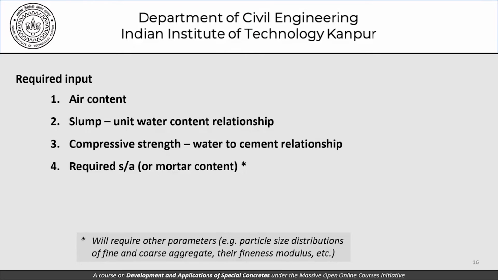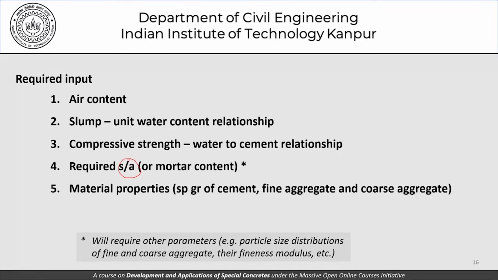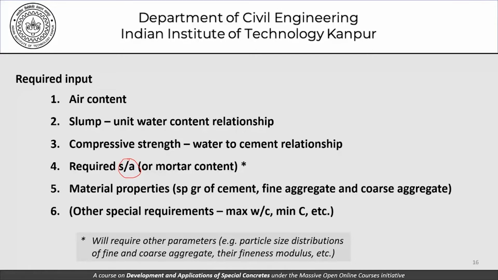We'll of course require other parameters like the particle size distributions of fine and coarse aggregates, their fineness modulus, so that we are able to start with an S by A value. Material properties, which is specific gravity of cement, fine aggregate and coarse aggregate, and any other special requirements, that is maximum water cement ratio, minimum cement content, maximum cement content, and so on. So with this data, we are ready to embark on our proportioning exercise.